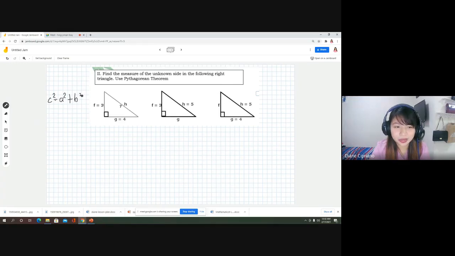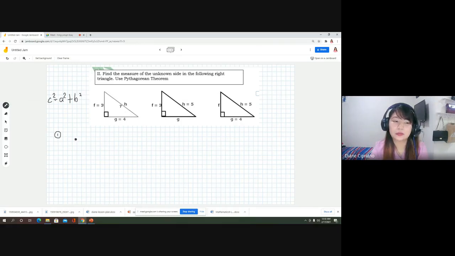For our example number 1, we have a right triangle with sides 3 and 4, and we are looking for its hypotenuse.